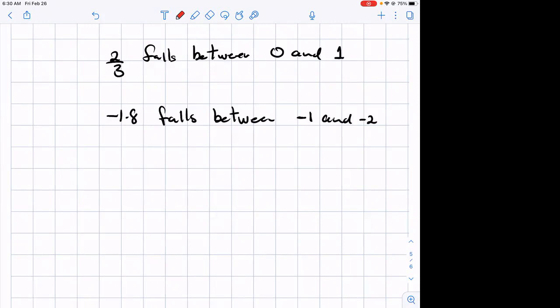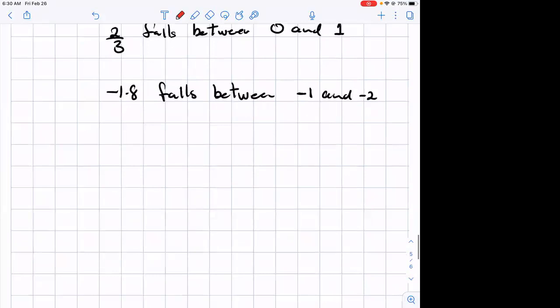So when we order numbers, we can order or arrange numbers, and we can put them in order. Putting them in order, that's what we're thinking of.